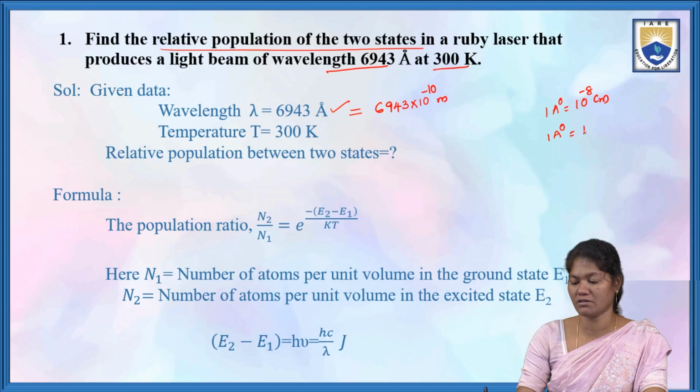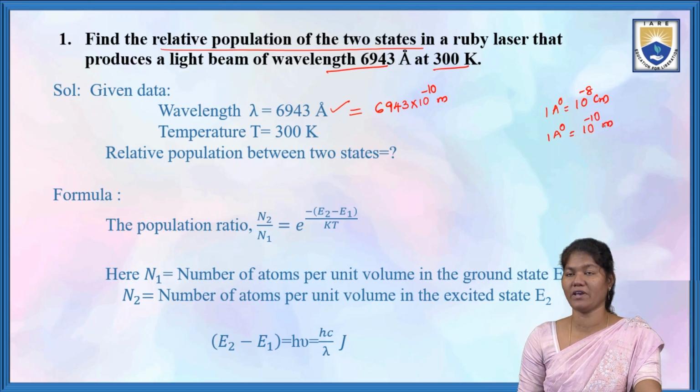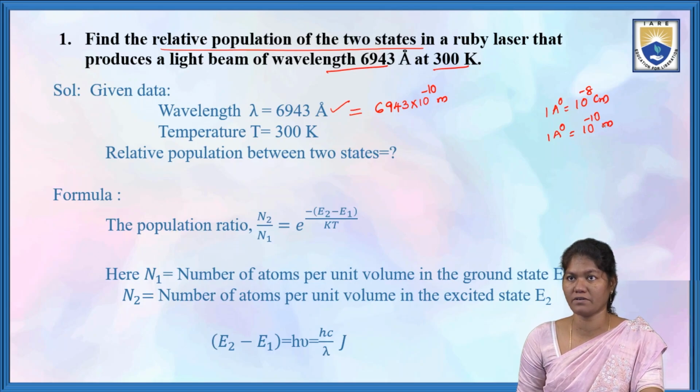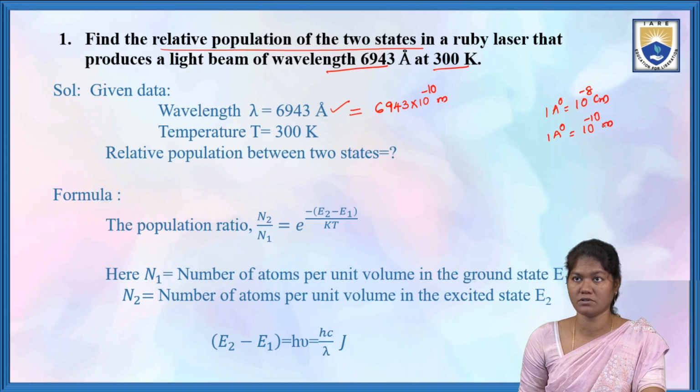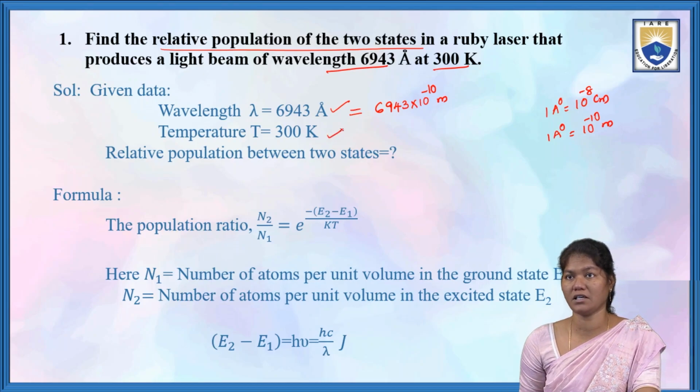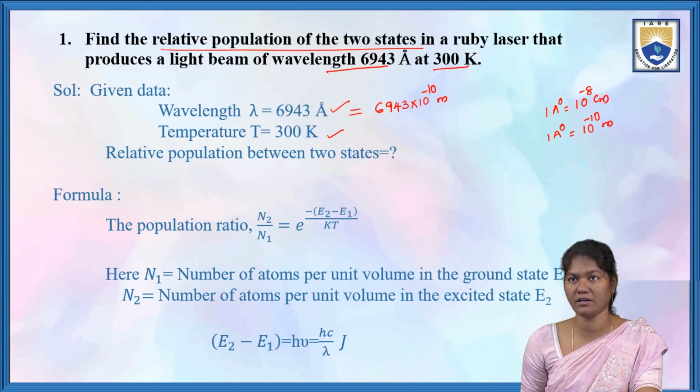So the wavelength in meters is 6943 into 10 power minus 10 meters, and the temperature T is equal to 300 degree Kelvin. We have to find the relative population between two states.